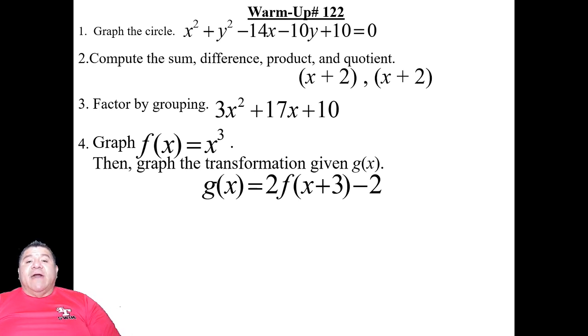Number three, factor by grouping 3x squared plus 17x plus 10. And number four, graph f of x equals x cubed. Then graph the transformation given by g of x. And g of x is 2 f of x plus 3, close parentheses, minus 2.